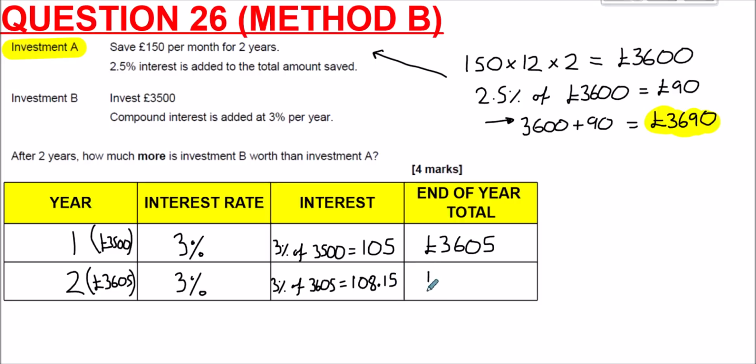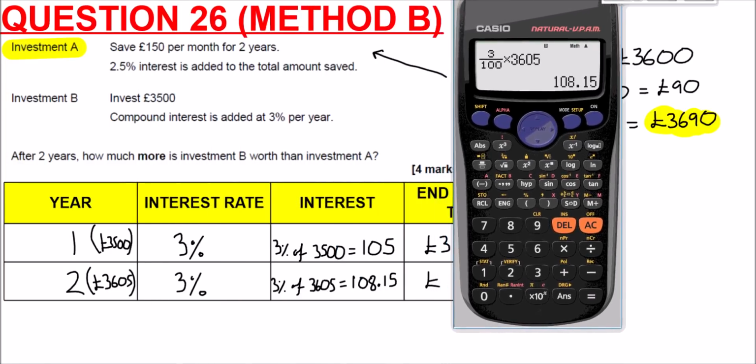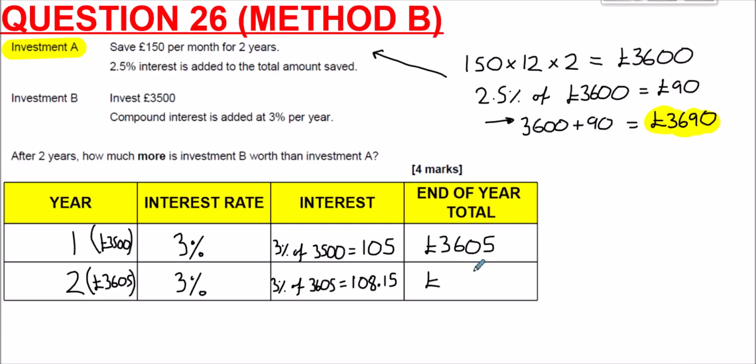And the final end of year total after year 2 will be the £3,605 we began with, plus this £108.15. So we started off with 3,605, and the total is £3,713.15.